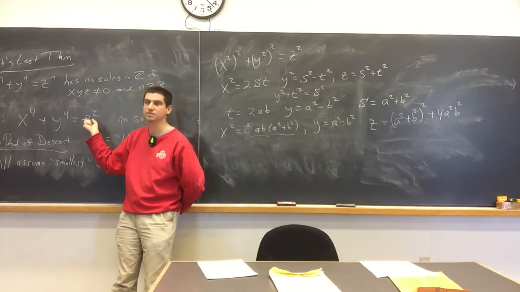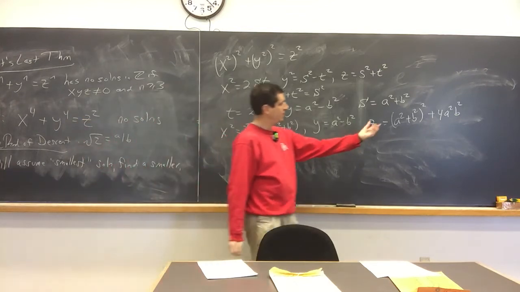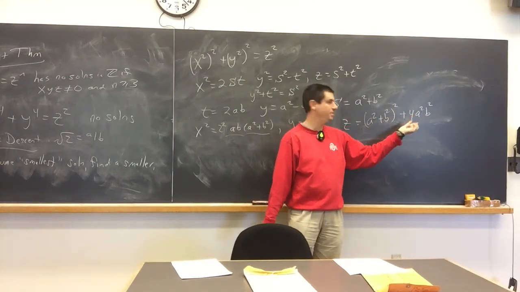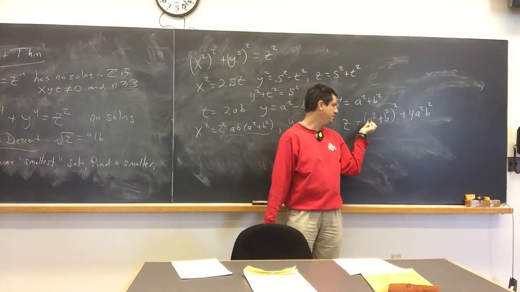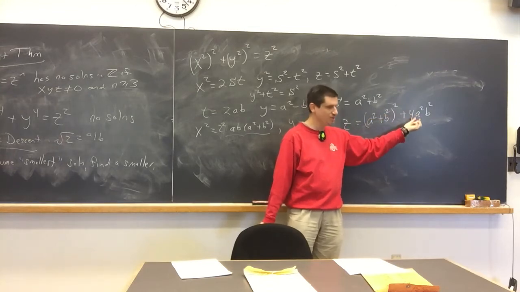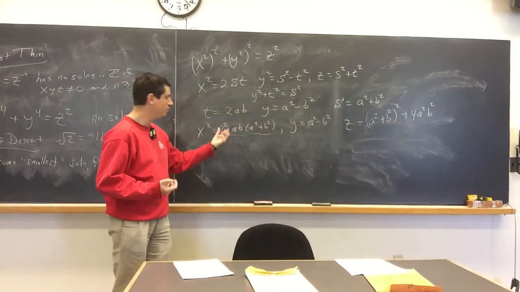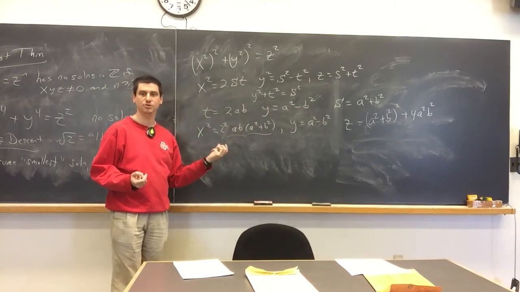How many 3's must divide z? 2. But what's nice here is we have a squared, b squared, a squared, b squared. So if something divides both a and b, its square divides a squared, its square divides b squared, its square divides a squared times b squared. So if a and b are not relatively prime, we have a new smaller solution.